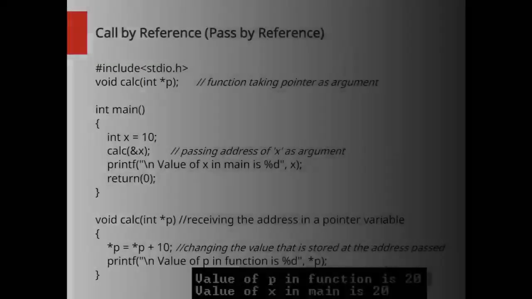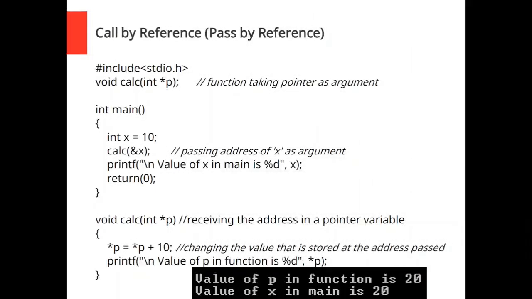Next, we will see an example for the call by reference method. So here also we have the calc function, which is not returning any value, hence the return data type is void, and the parameter to the calc function is a pointer of type int.